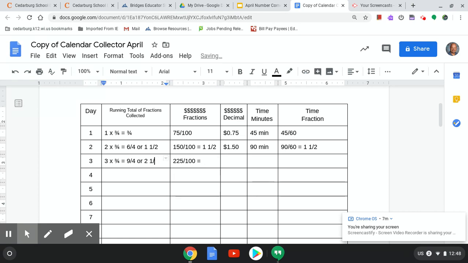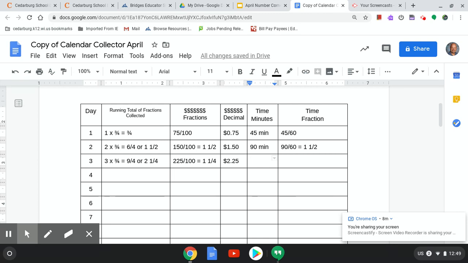There you go, one of Mr. Keller's mistakes. So 100 goes into 225 two whole times, with 25 left over. And we all know that 25 cents is a quarter. And then we can write our amount out as $2.25.